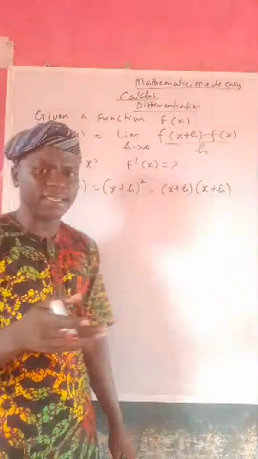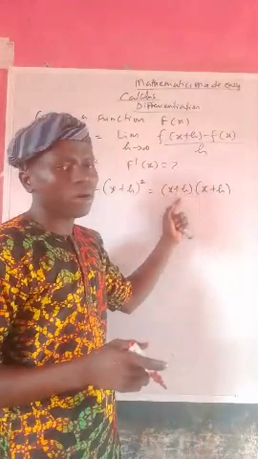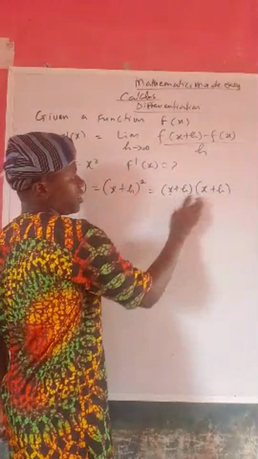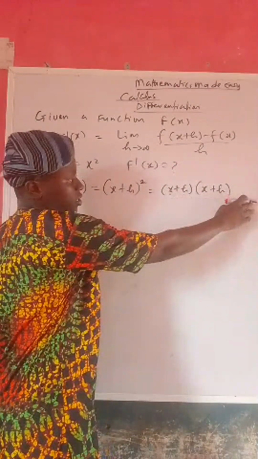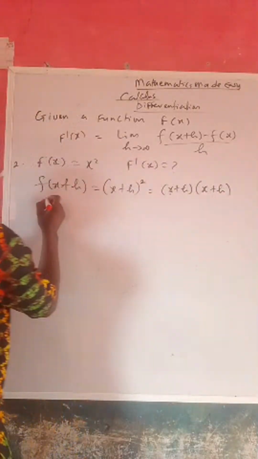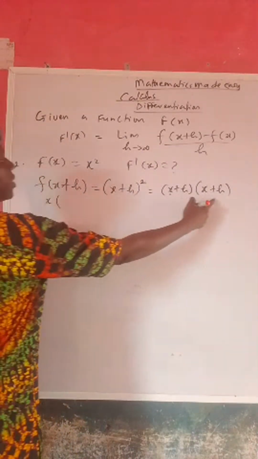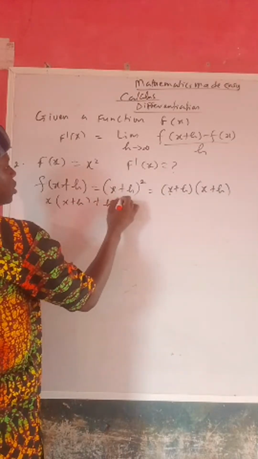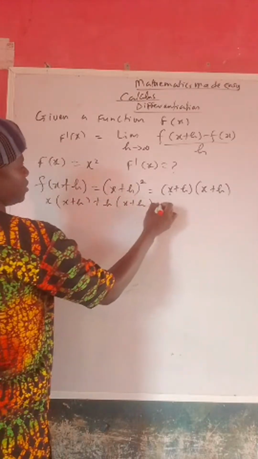I hope we are getting it. Then you open the bracket. You use x to open everything here, then you also use h to open it. You use x, you're going to have x into bracket x plus h, then h into bracket x plus h.